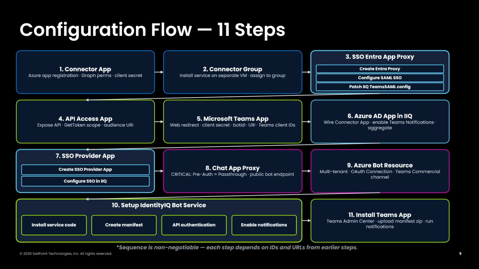It facilitates the communication between the Azure bot endpoints, slash API slash messages and notify, and establishes communication between the Microsoft Teams application and the IIQ application. Again, this does go through app proxy, so everything is internal and securely routed.